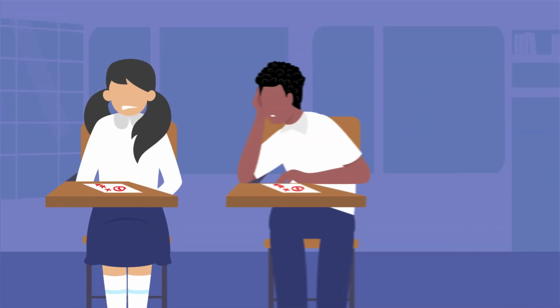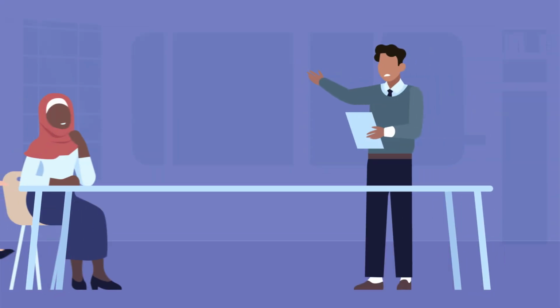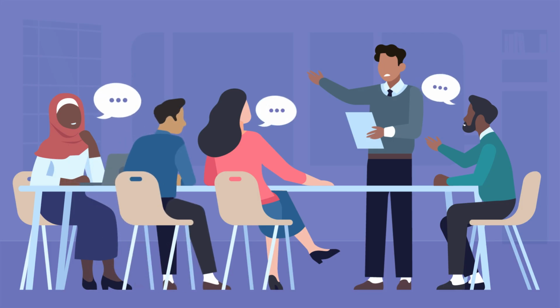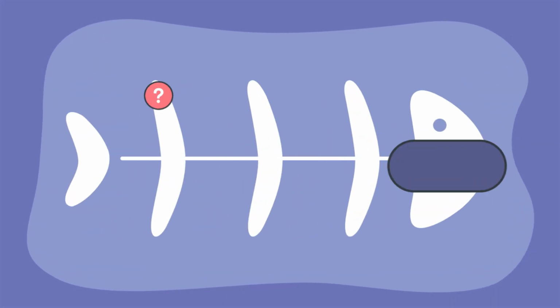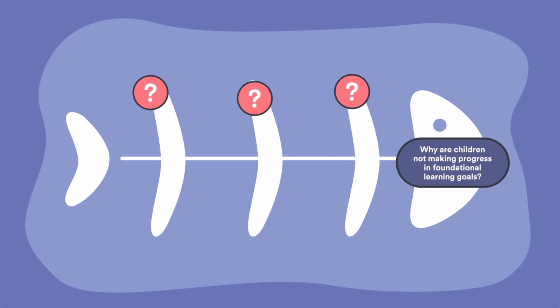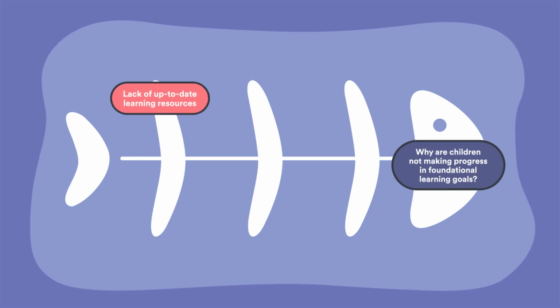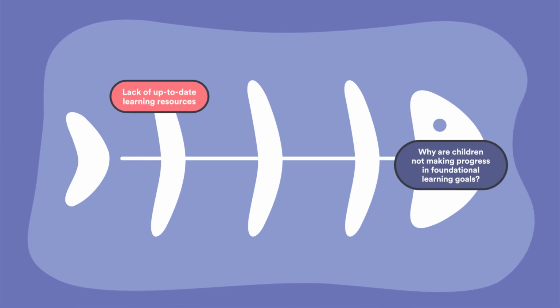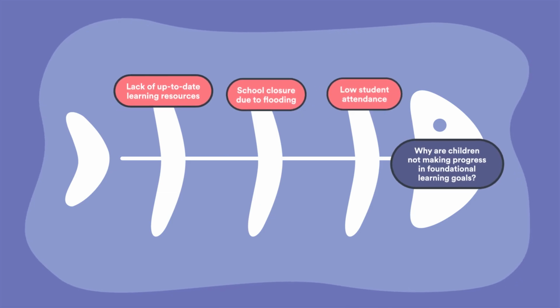In a large urban school, children are not making progress in foundational learning goals. In a staff meeting, the head teacher asks teachers to give their ideas about why. As they talk together, the head draws a fishbone diagram of different factors related to this problem, such as lack of up-to-date learning resources in classrooms, school closure due to flooding, low student attendance.